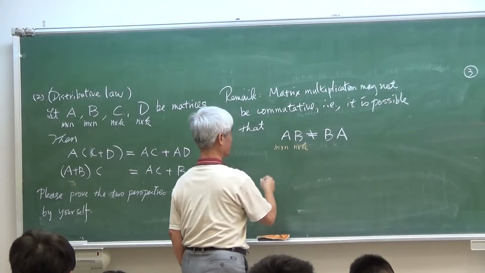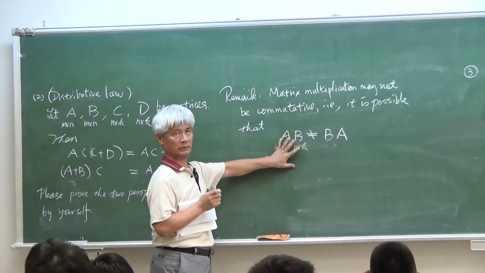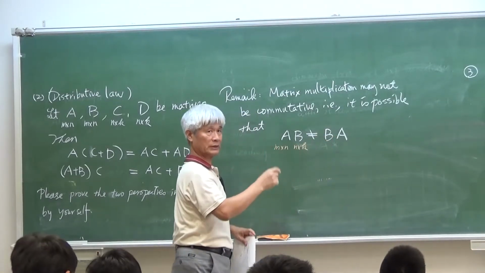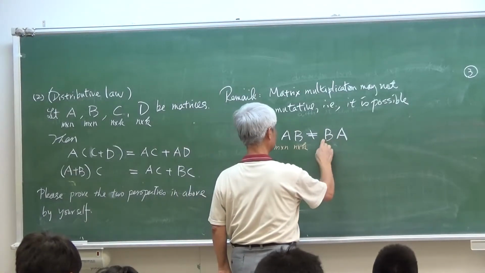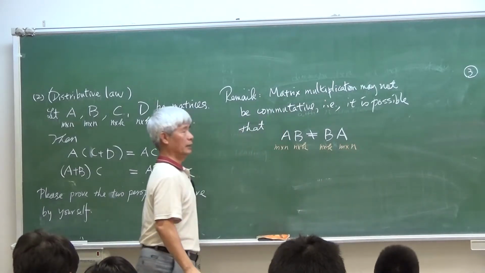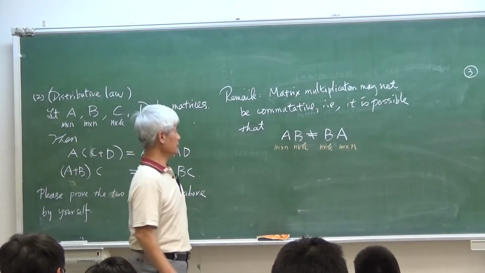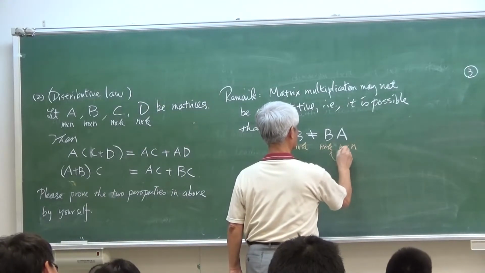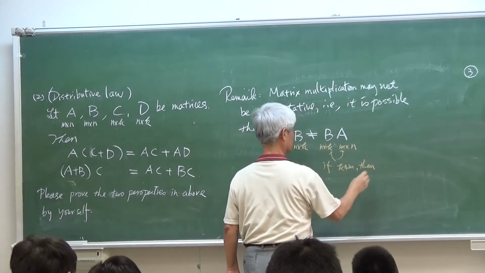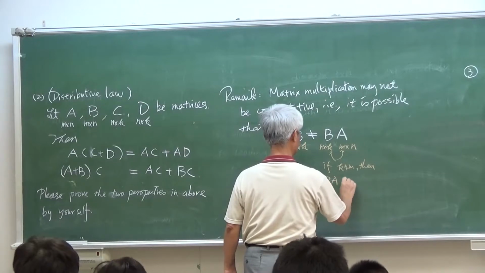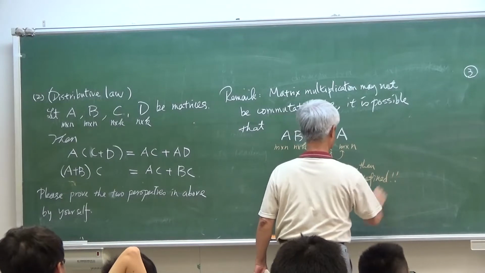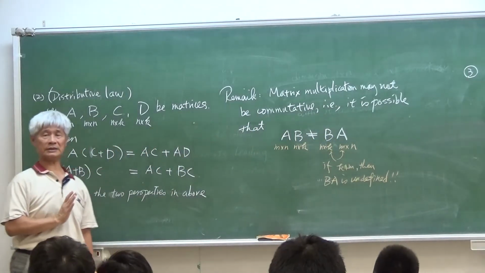Okay, so fine, this product is meaningful. But if you exchange the order and do the multiplication, then this is n times k and m times n. Then if k is not equal to m, then BA is undefined. So even in this situation, it's undefined.